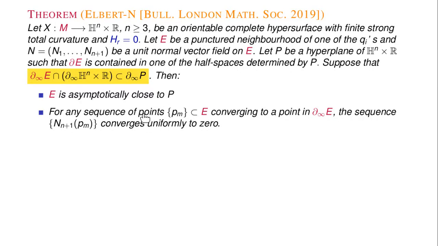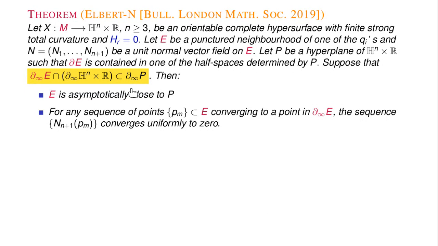And also that for any sequence of points converging to the boundary at infinity, the sequence of the normal vectors becomes horizontal. So the convergence is also with the normal, because the vertical plane has a horizontal normal vector everywhere. But this happens for the end as well. Okay?